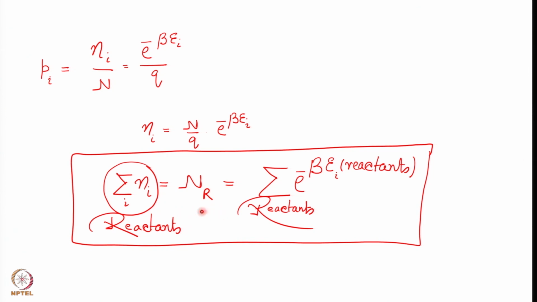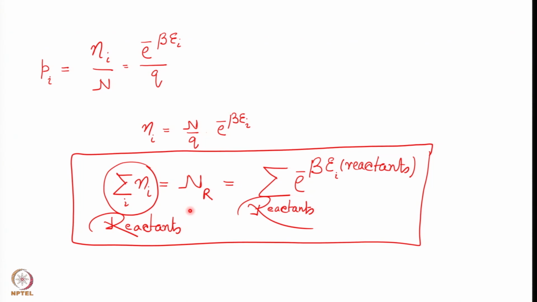Once we know how to calculate the number of reactant molecules, then we will know how to calculate the number of product molecules. Once we have NP, once we have NR, then take the ratio of both and we will have the expression for equilibrium constant. The important point to note here is that our discussion has restricted to occupation of different energy levels.